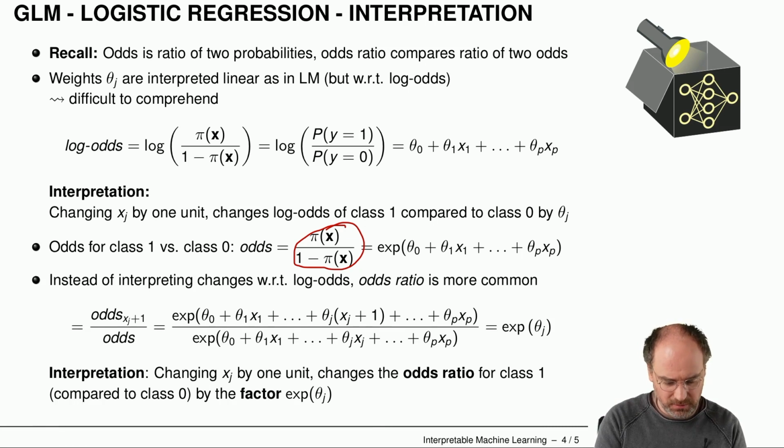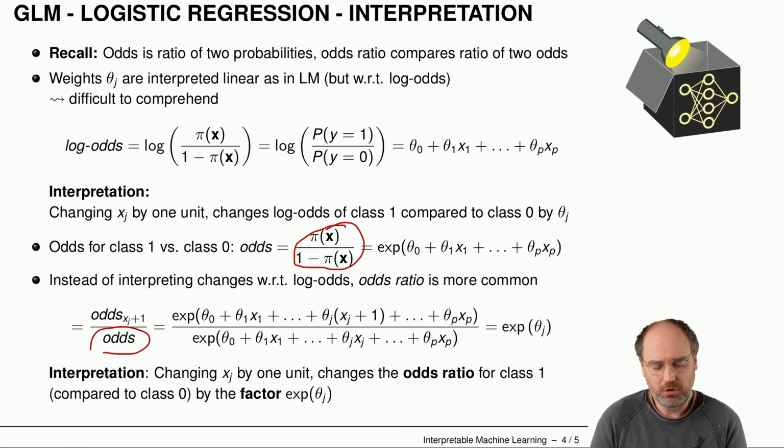Let's take a look at this first. These are just the odds of our current model, maybe at a certain observation. Now we change, for a given feature, the value of that feature by exactly 1 unit, and we are interested in how the odds change as a multiplicative factor. So we divide these two, because that exactly gives us this factor.